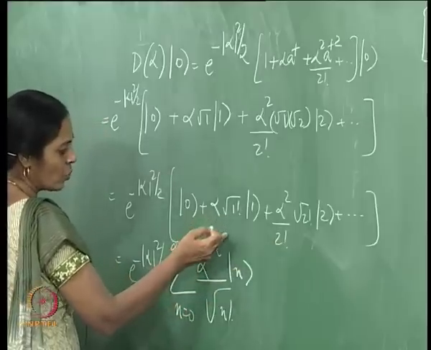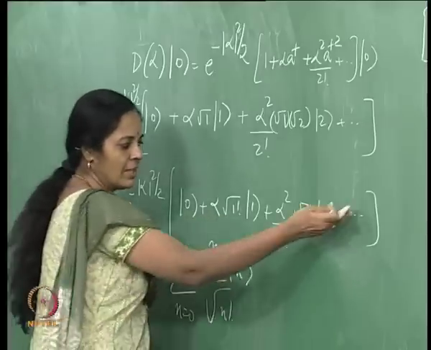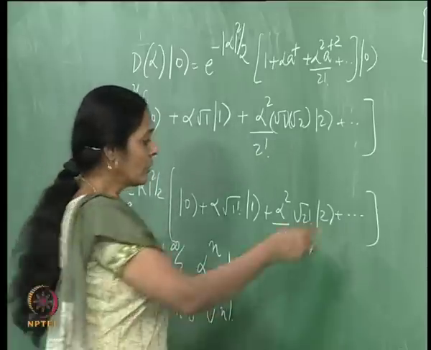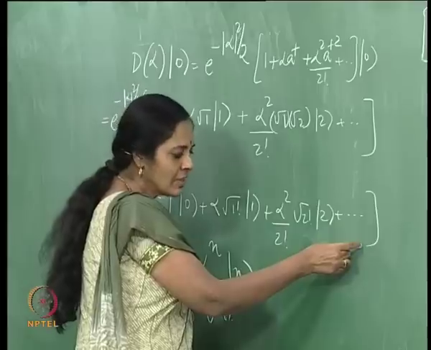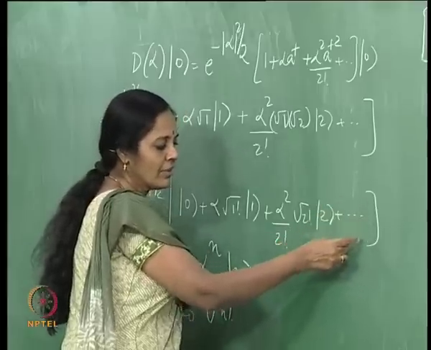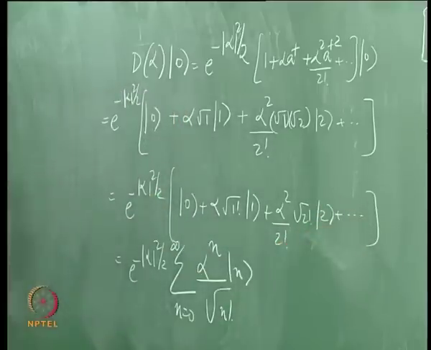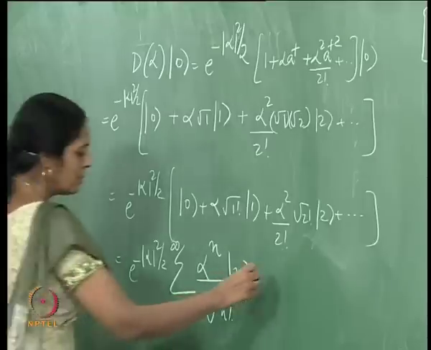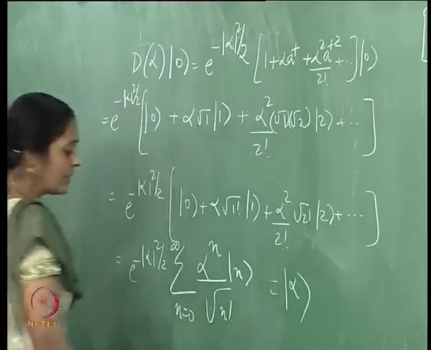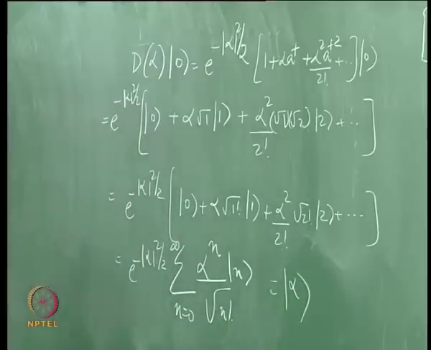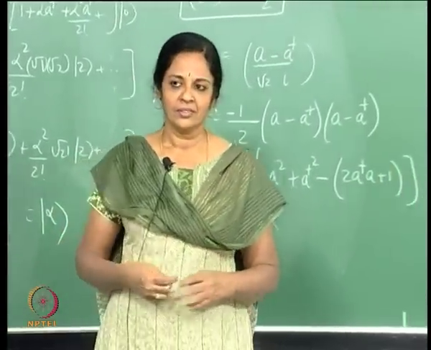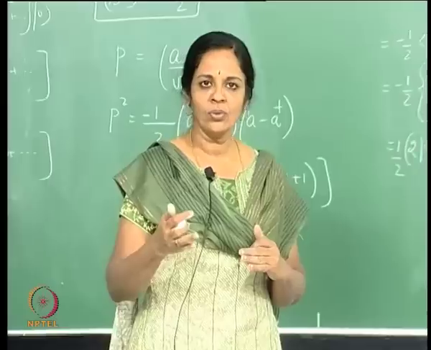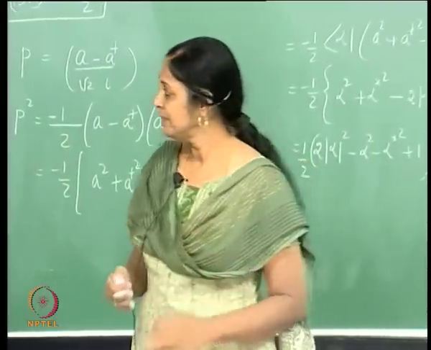This could be written as a root 1 factorial in the denominator. The next term will give me a root 1 into root 2 into root 3 in the numerator. The denominator will have a 3 factorial, therefore I pull out a root 3 factorial in the denominator and so on. So this is what I have, but this is simply the coherent state ket alpha, and therefore I have an operator which acts on ket 0 to give me ket alpha.